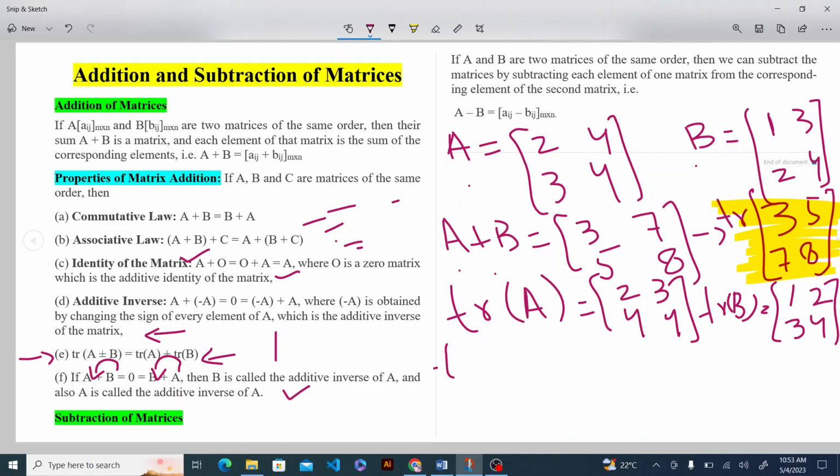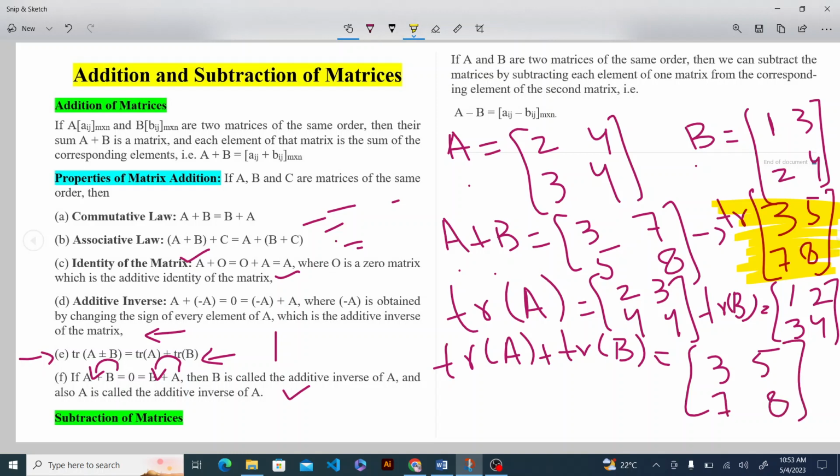Now let's add transpose of A plus transpose of B. Let's see the answer. 2 plus 1 is 3, 3 plus 2 is 5, 4 plus 3 is 7, 4 plus 4 is 8. So this is the right hand side, and it is the same as the left hand side. See, they are the same, equal. So we have proven the transpose property for subtraction as well.